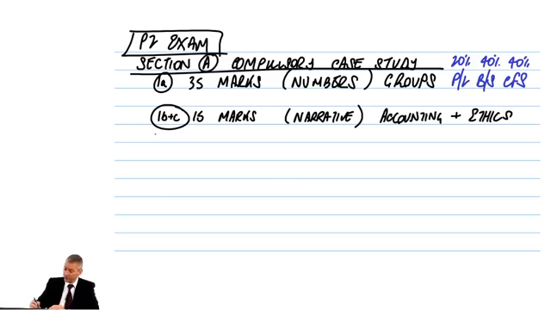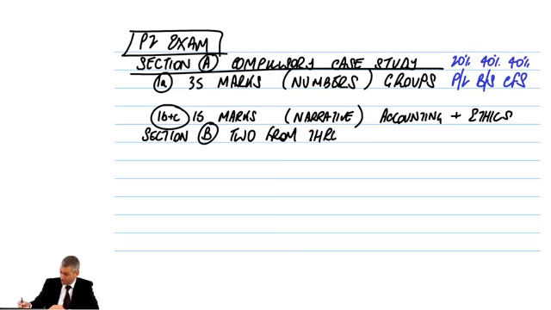Then in section B, we have a choice of 2 from 3 of questions 2, 3, 4 for 25 marks each.